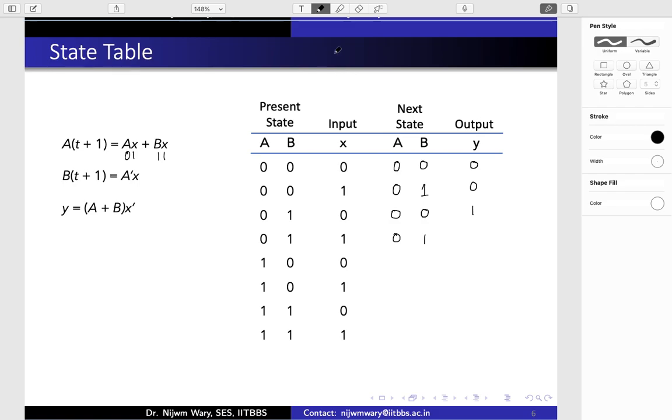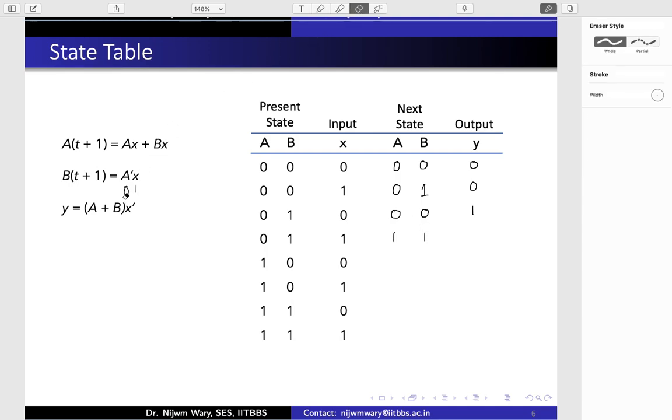Sorry, I take it back. So in this case A is 1, right, and for B in this case A is 0 and this is 1, so B is also 1.